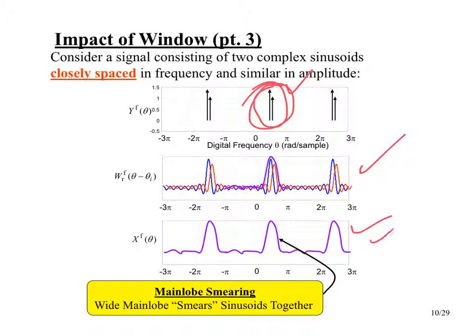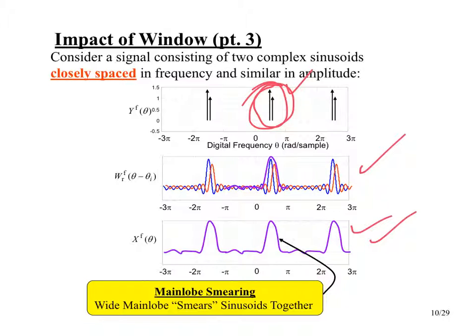And that's kind of what we're seeing down here. Now, obviously, in DTFTs, there's no colors. So I'm just using that as an illustration. So this is called main lobe smearing, or at least what I call it. So we've got a wide main lobe for when we have two closely spaced sinusoids and they smear together.